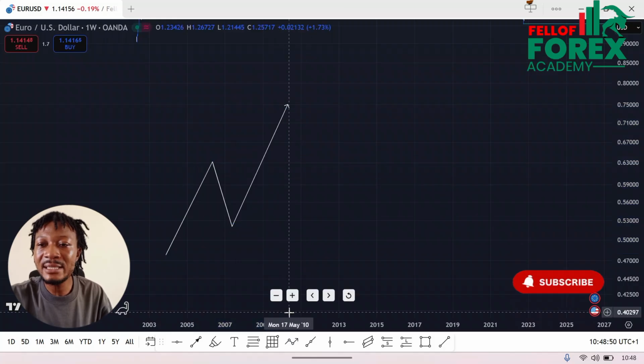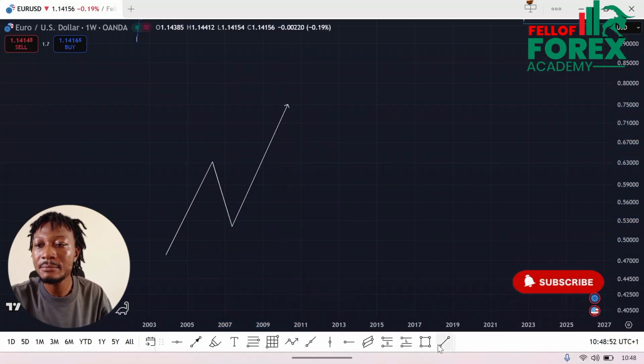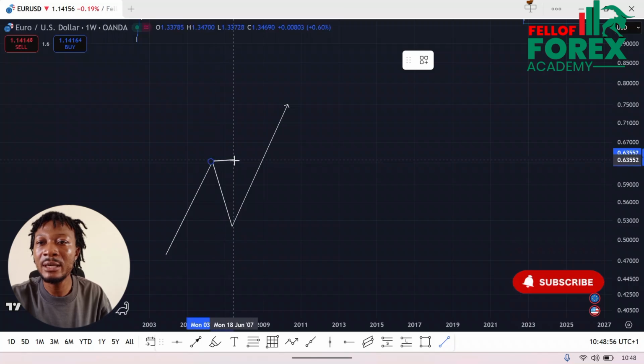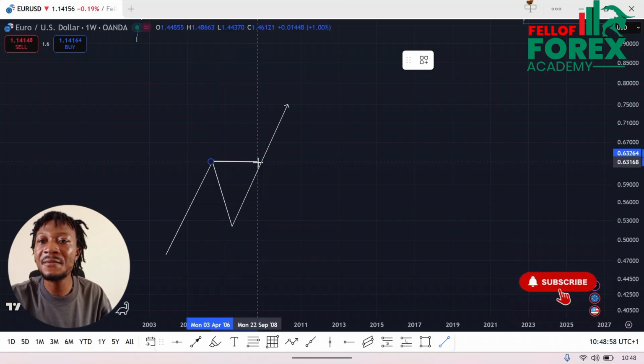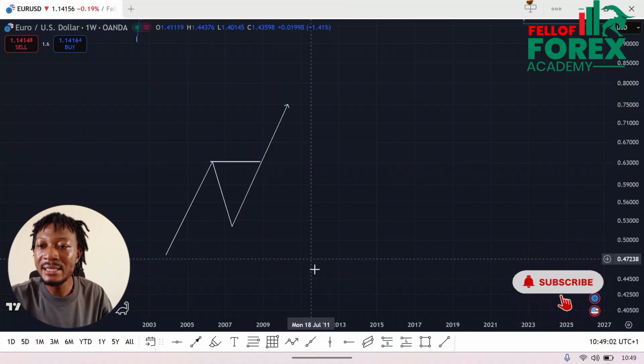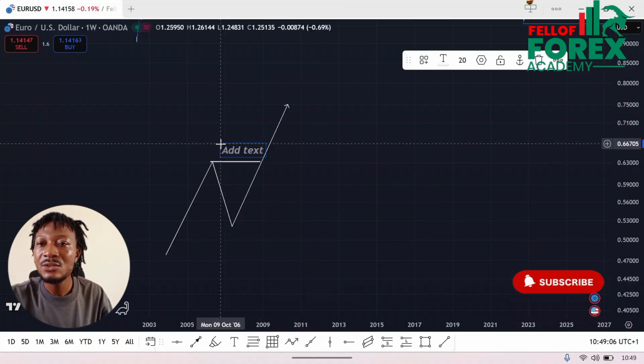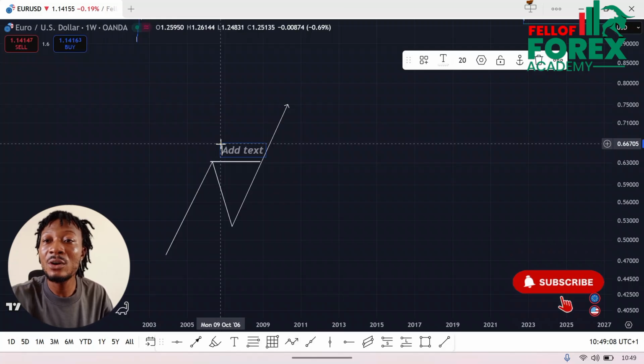The first thing I mark out is my break of structure level. Because this is the first sign to tell you there is a continuation to this direction. So we call this one a break of structure.